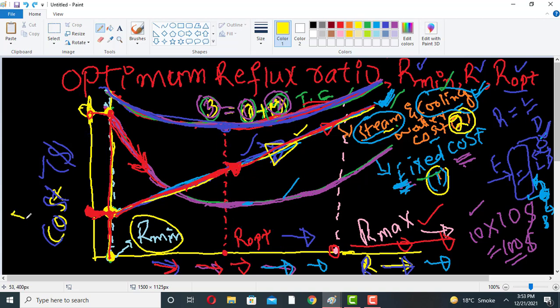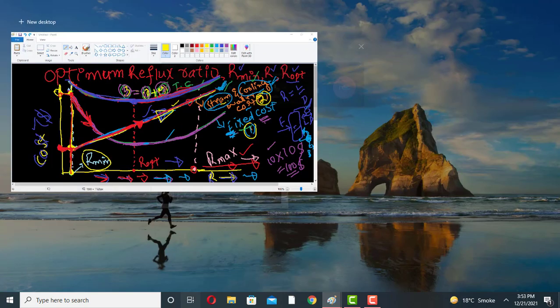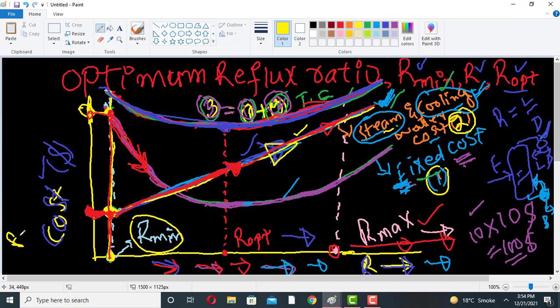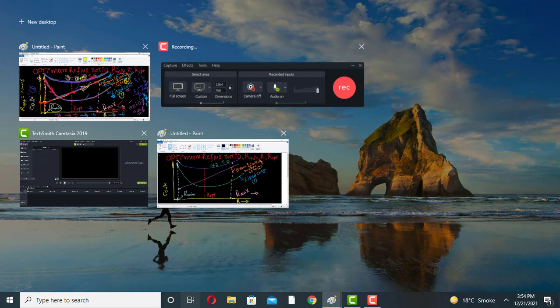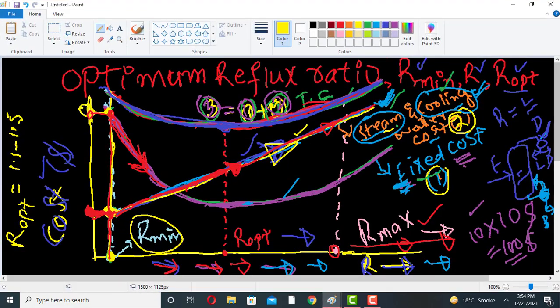There is a general relation that the optimum reflux ratio, ROPT, is equal to 1.1 to 1.5 times the minimum reflux ratio, R minimum.